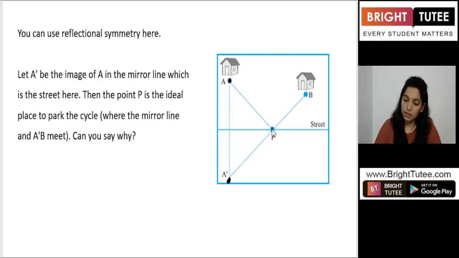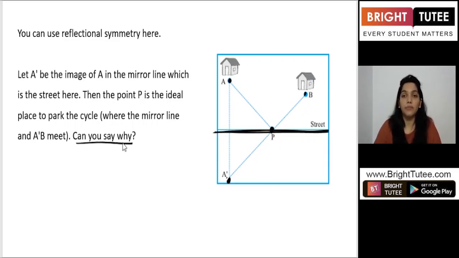You can see here this point P. This is the exact place where he should park his cycle. This particular street that we see, we are keeping as the line of symmetry here. Now where the mirror line and A dash B meet. So where do you see A dash B meeting? This point P. This is the line of symmetry.